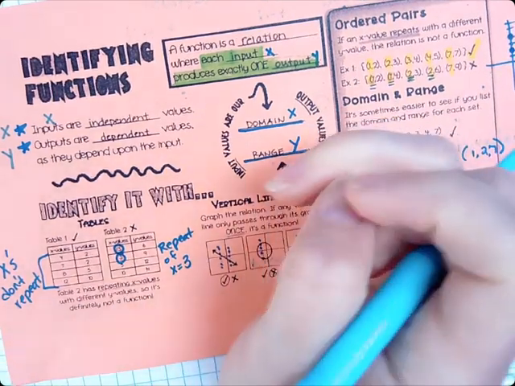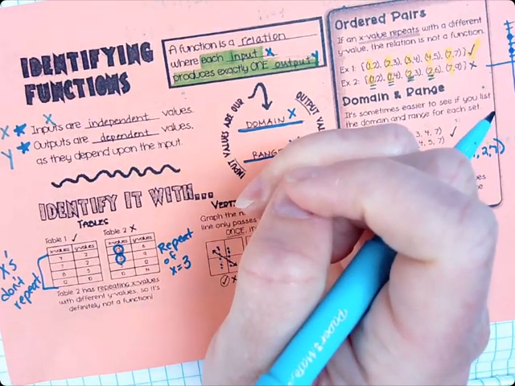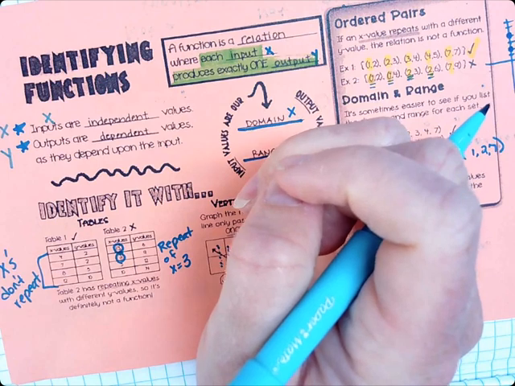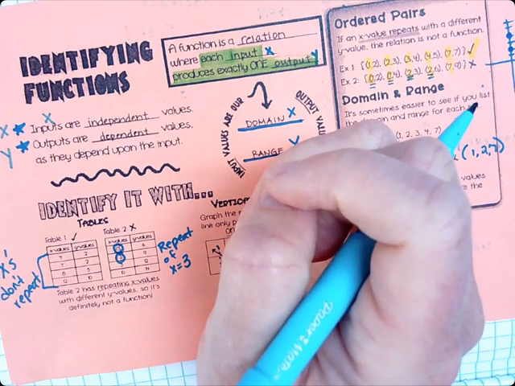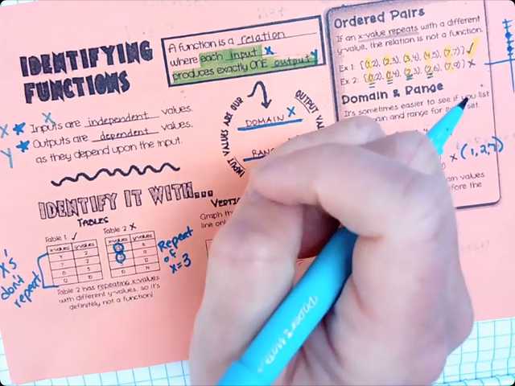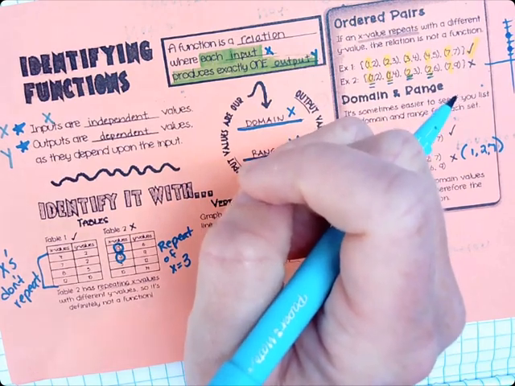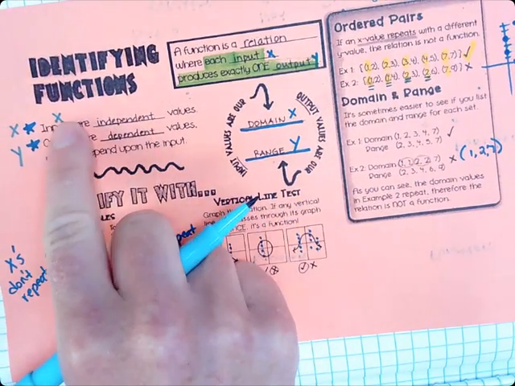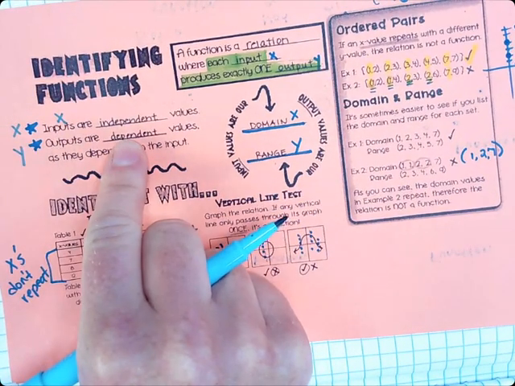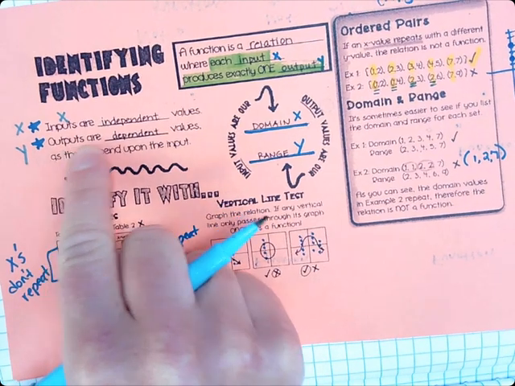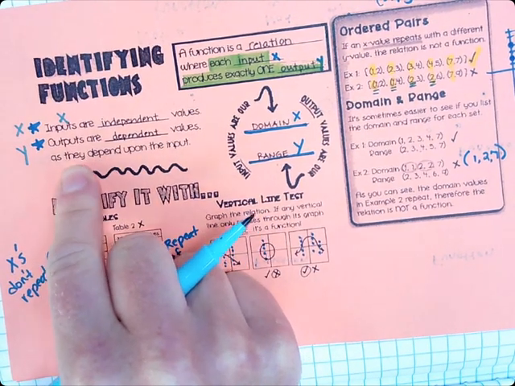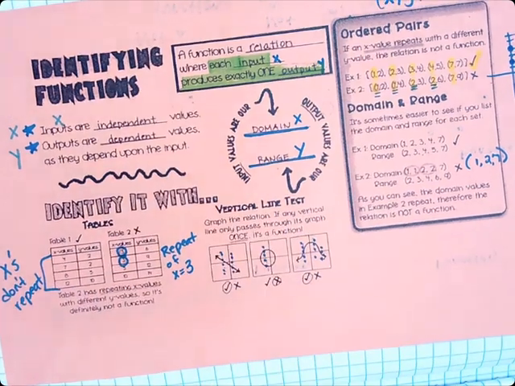So all of these different things, input, output, domain, range, independent, dependent, they're all matched with either the x values or the y values. So independent is x. Dependent is y. So outputs are dependent values as they depend upon the input.